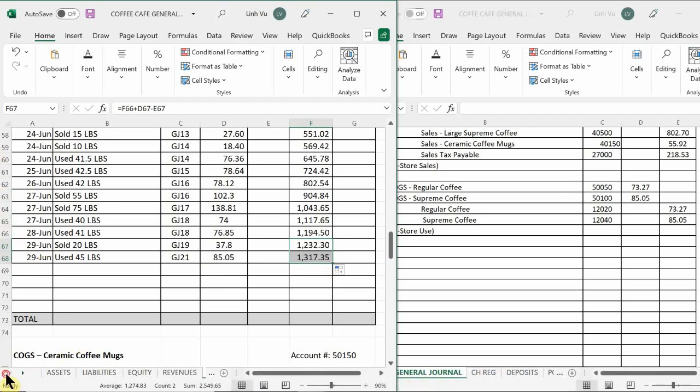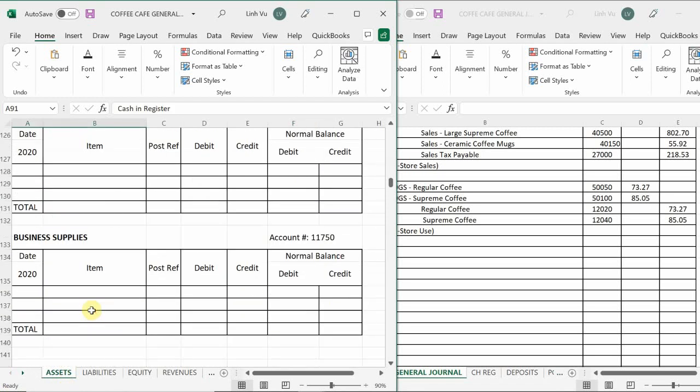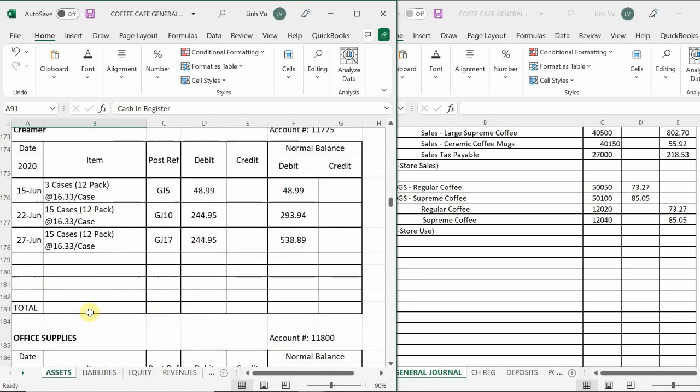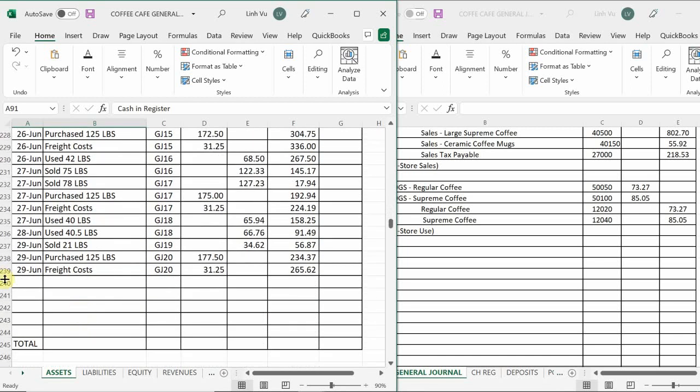And we need to update our inventory. Okay, so regular coffee. We used 44 pounds, which was for 73.27.